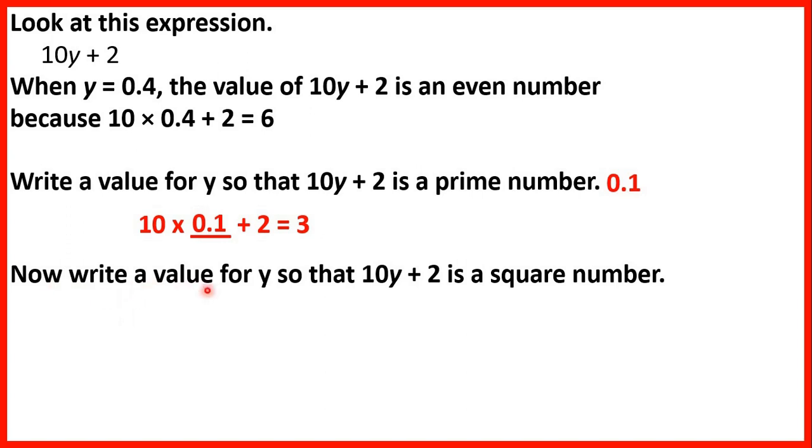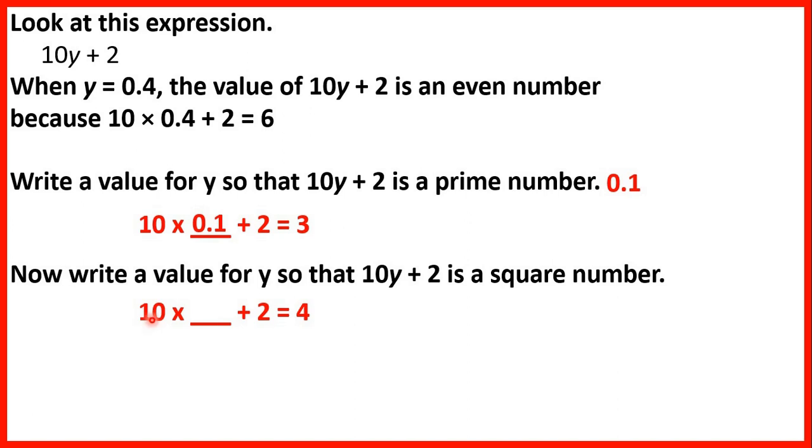And now write a value for y so that 10y plus 2 is a square number. So a square number is what you get when you multiply a number by itself. So 4 is a square number because if we multiply 2 by itself, 2 times 2 is 4.